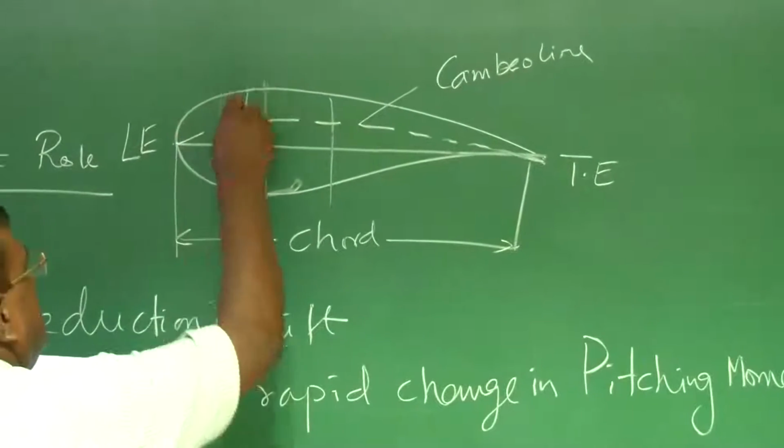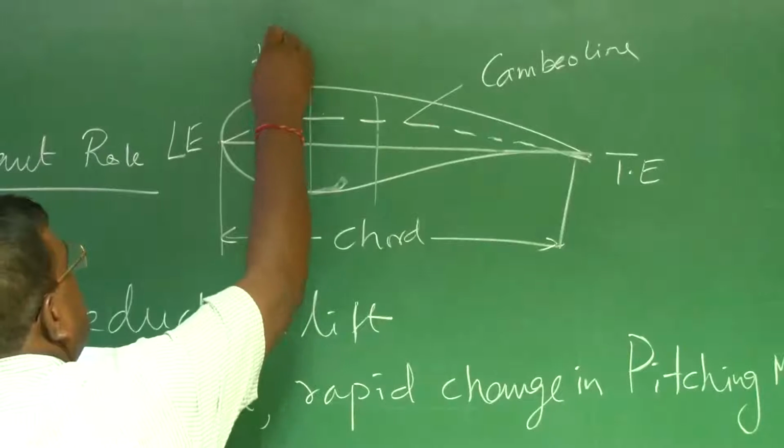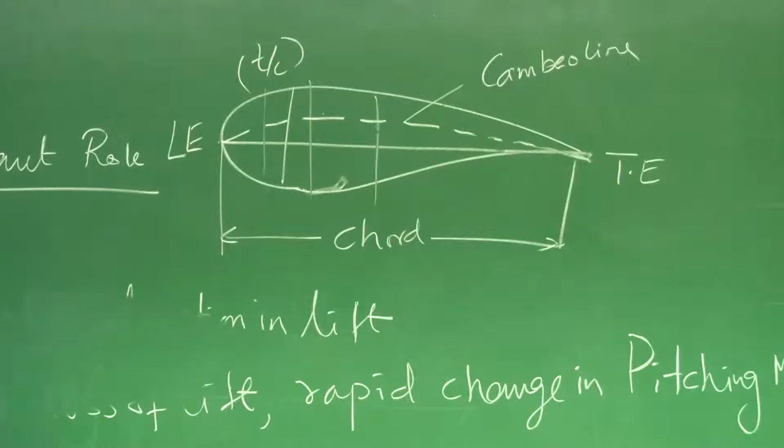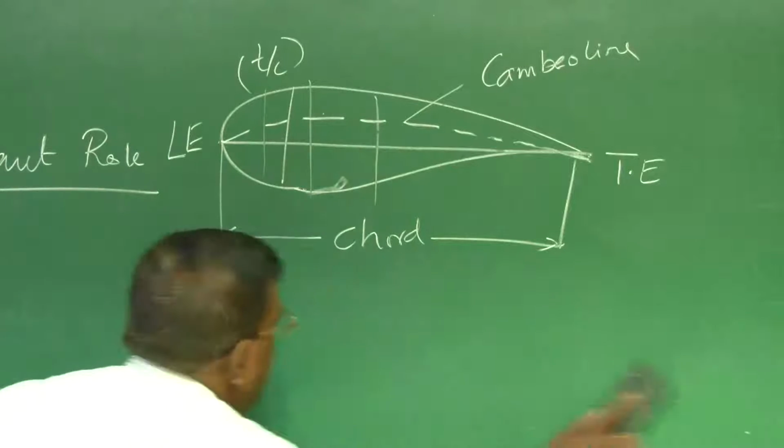And this is the thickness, or I can say the T by C ratio, or thickness non-dimensionalized with chord. So what is Kimber then? For completion, I will write and explain what Kimber is.